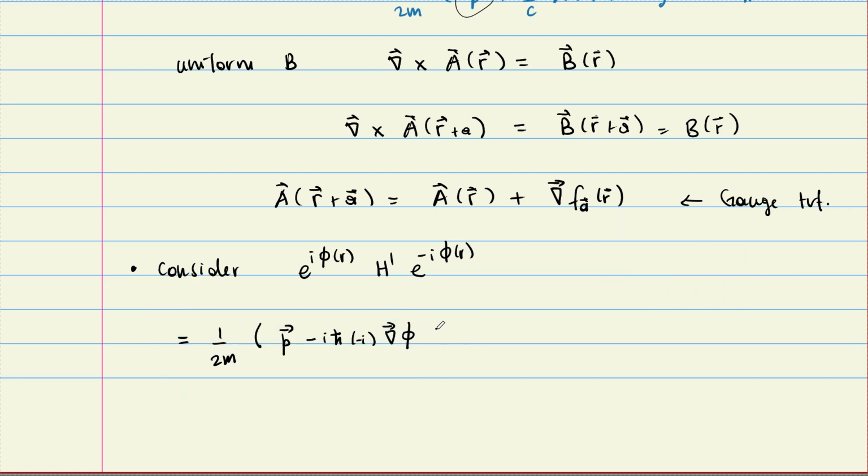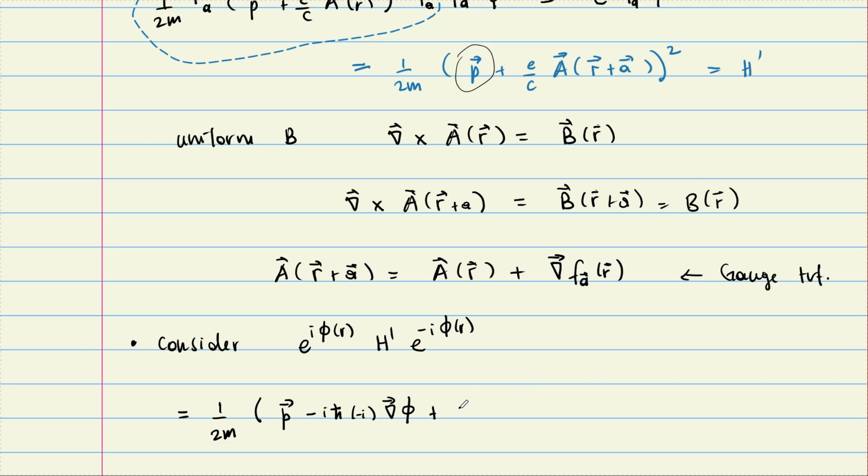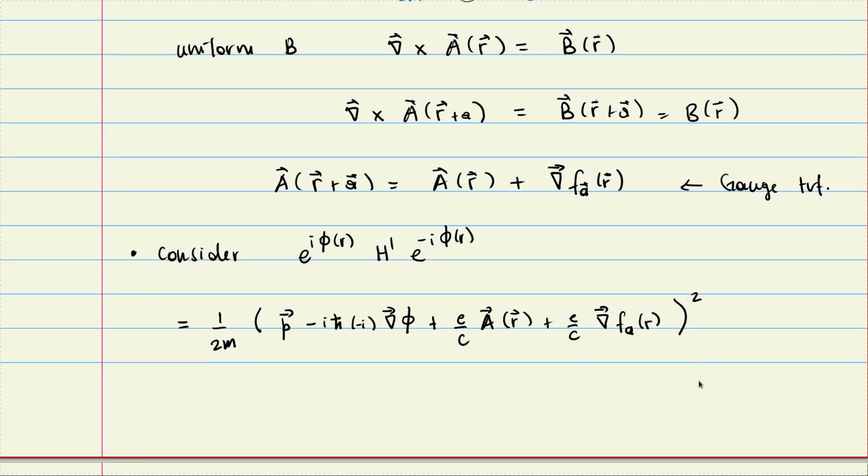So this is that, and I also need to put plus E over C A of R, and also the second piece, plus E over C, this gradient of a function f of A of R squared.